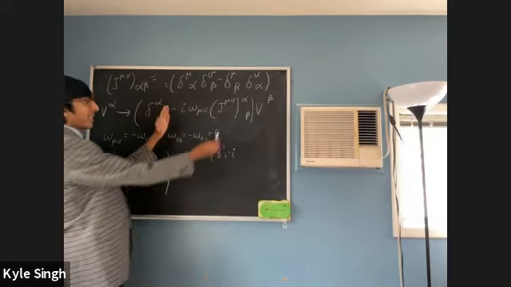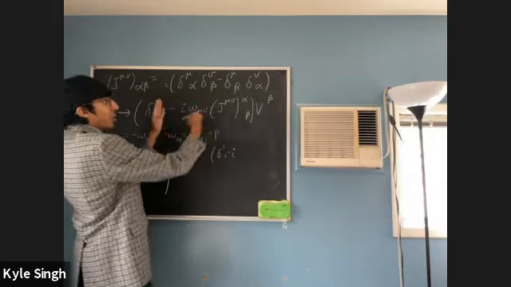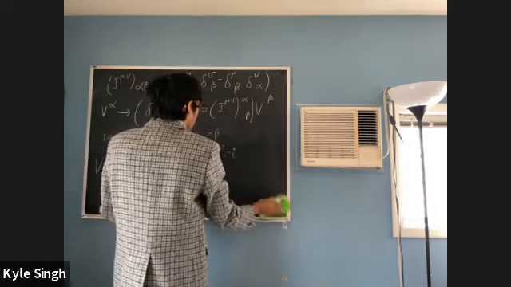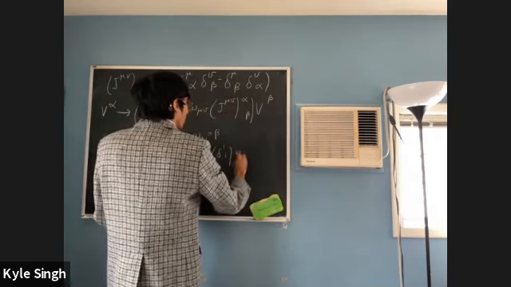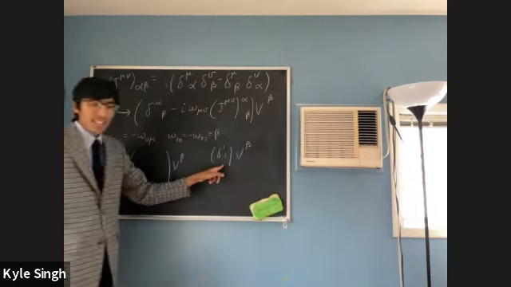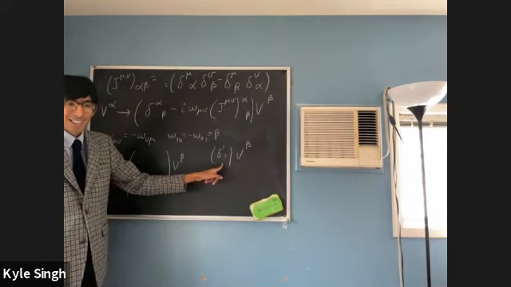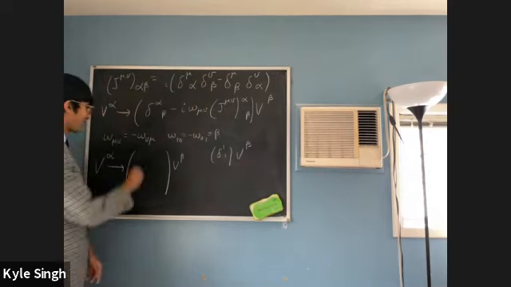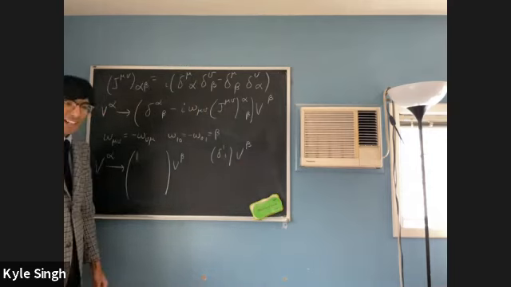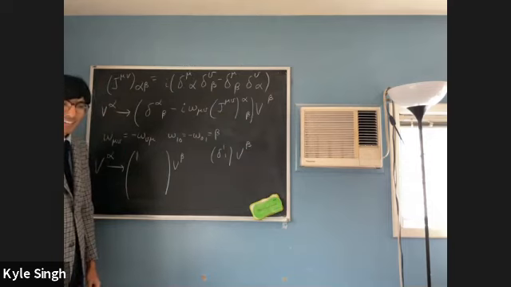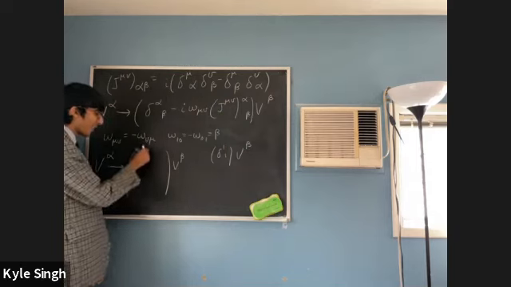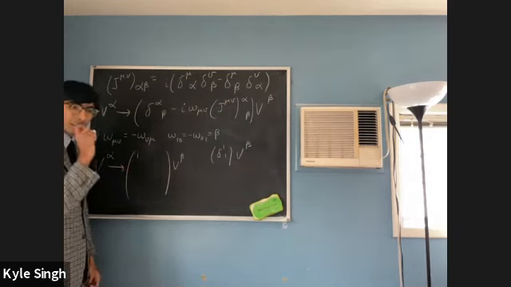Okay, so since omega 0, 1 is 0, this whole term is just 0. So this just cancels. And I'm just left with delta 1, 1, which is what? 1. Do we see how I got that? Speak now and forever hold your peace. I'll explain it. It's not a problem.